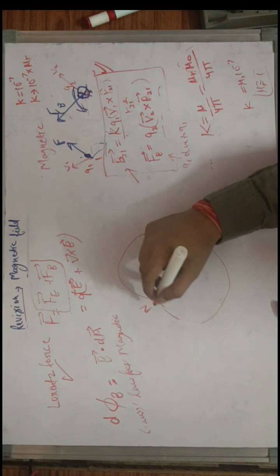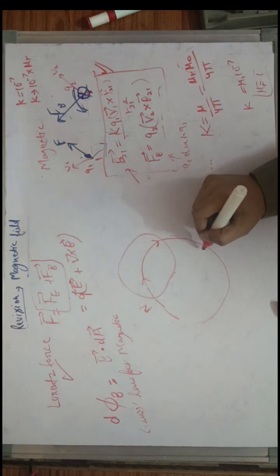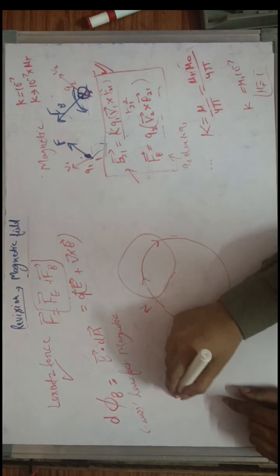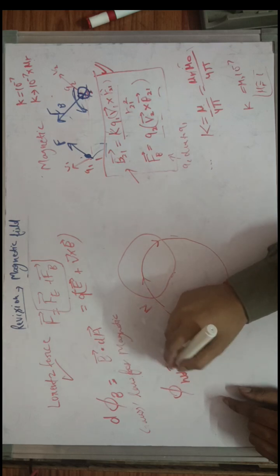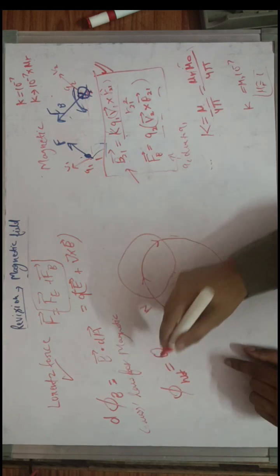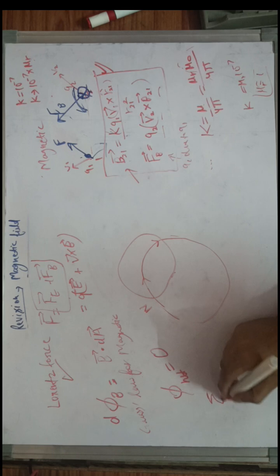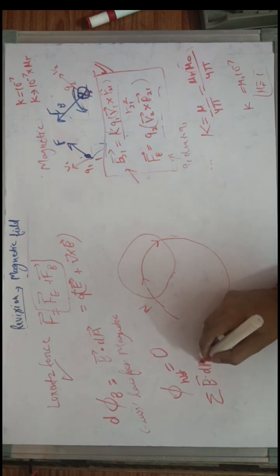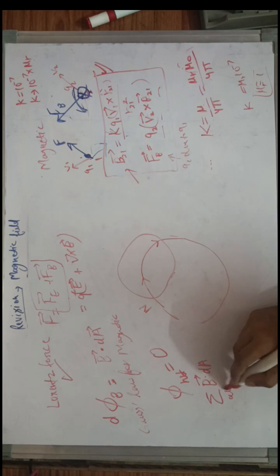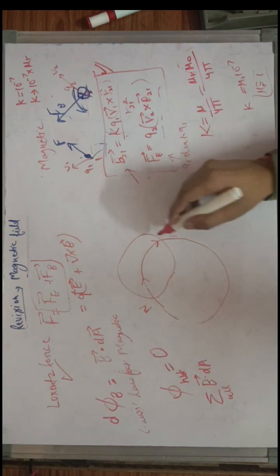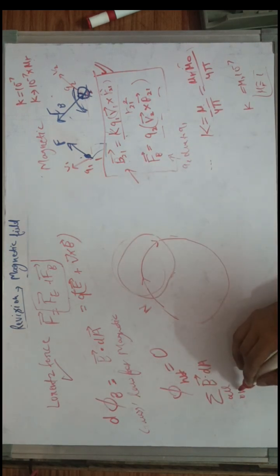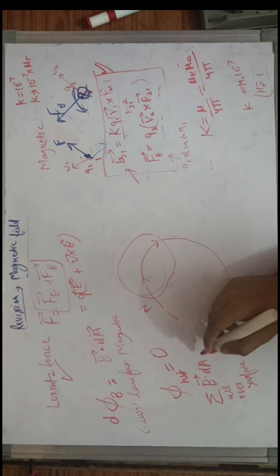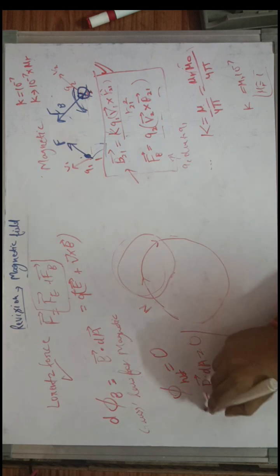The number of field lines going inside is equal to the number going outside. So the total flux phi net over this surface would be equal to 0. We can say that the summation of all B dot dA over the whole Gaussian surface, the closed surface, gives 0.